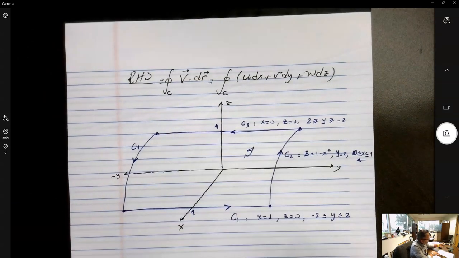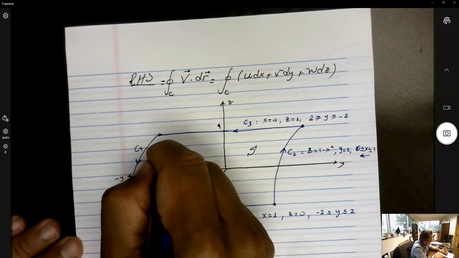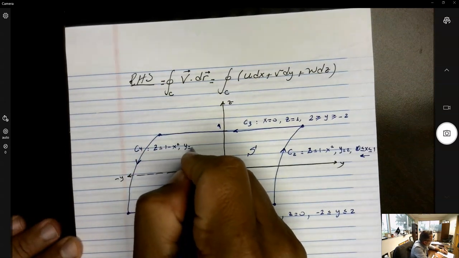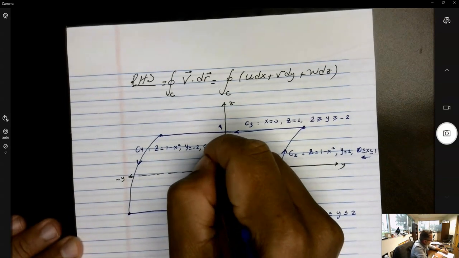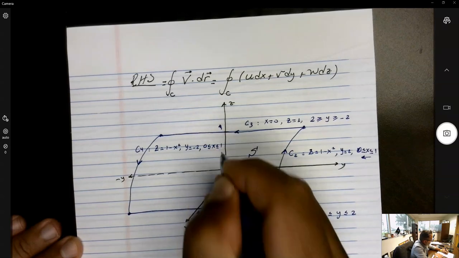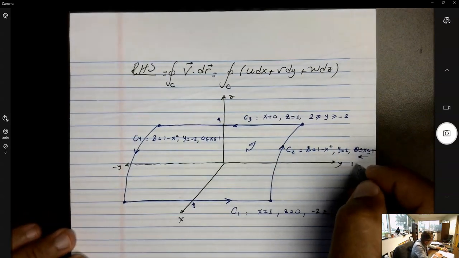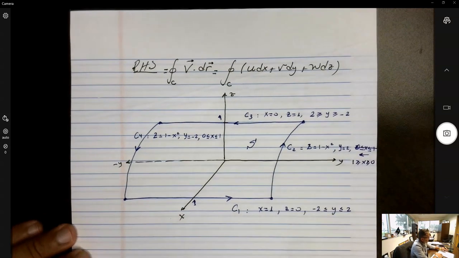And along this direction, C4, z goes like 1 minus x squared, y is -2, and x goes from 1 to 0.